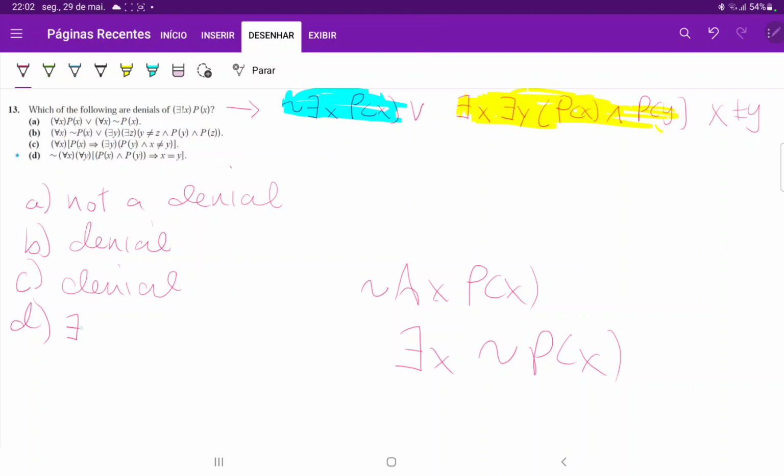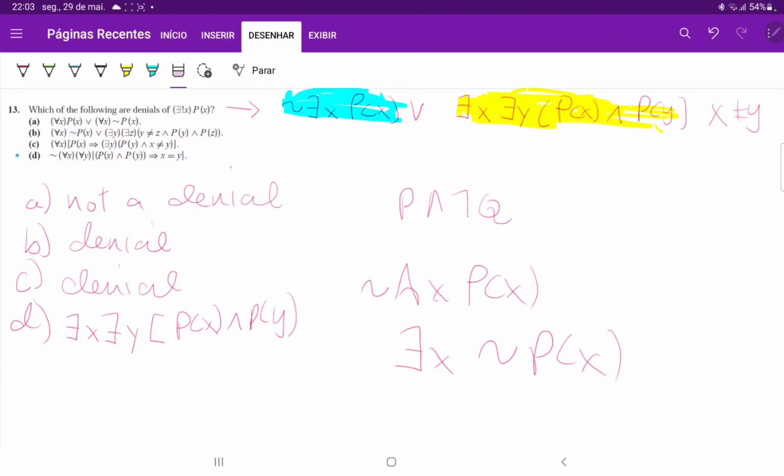So we're saying there exists an x and there exists a y such that, and to deny a conditional, we have to say p and not q, right? So such that p of x and p of y is true.